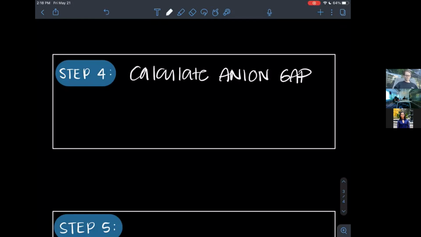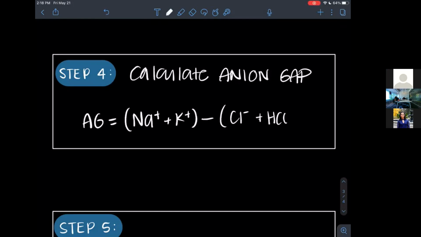Like in a DKA, there's always going to be a high anion gap. That's just something you know, and you probably won't have to calculate it. In case you do, here is the formula. You are going to take your cations and you are going to subtract your anions. Fancy formula.